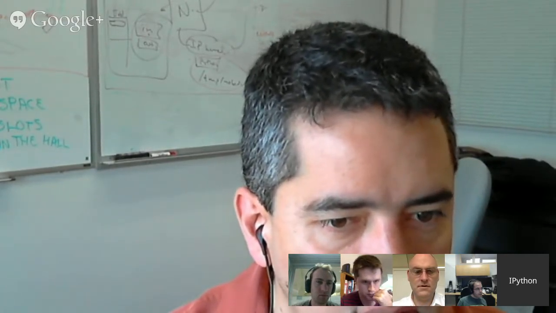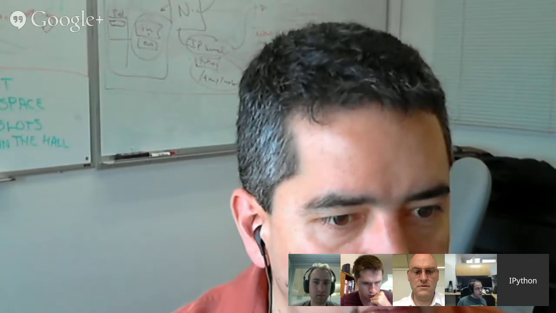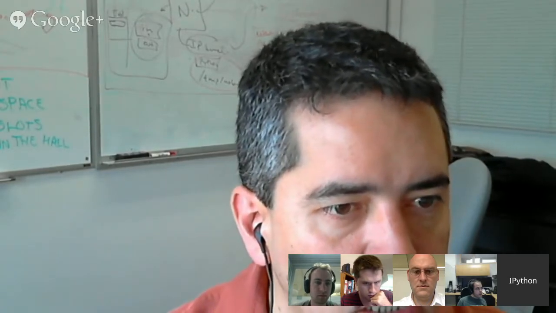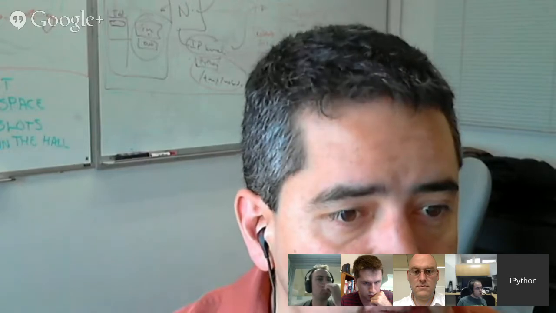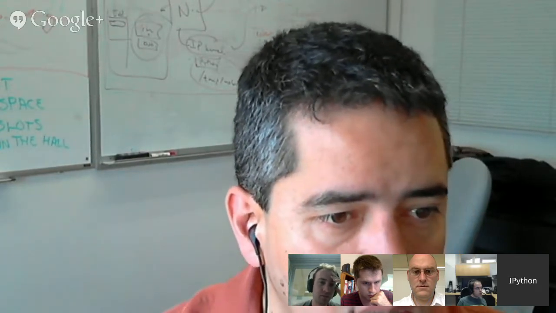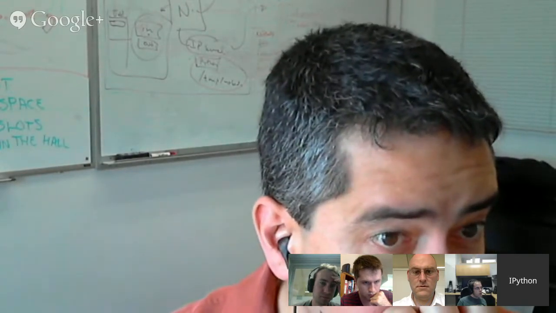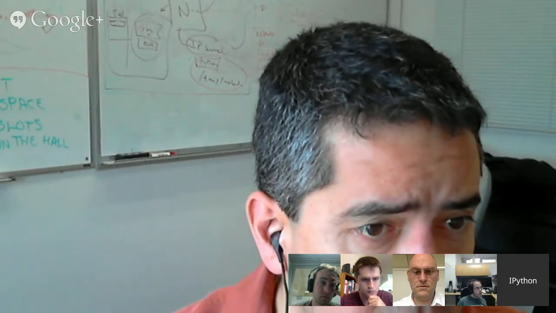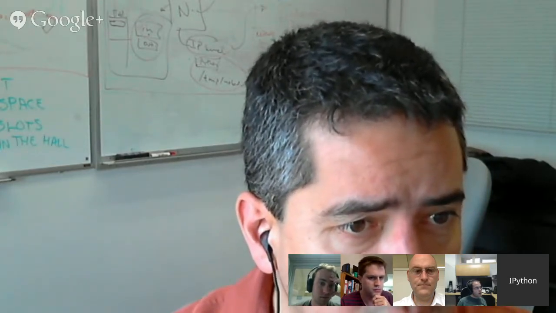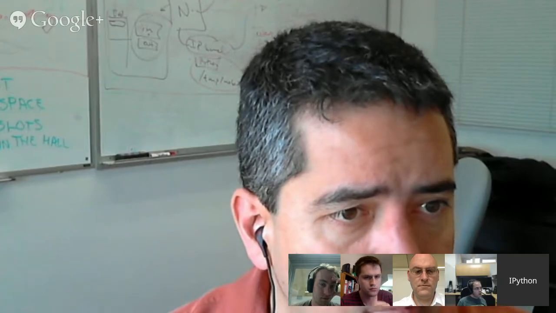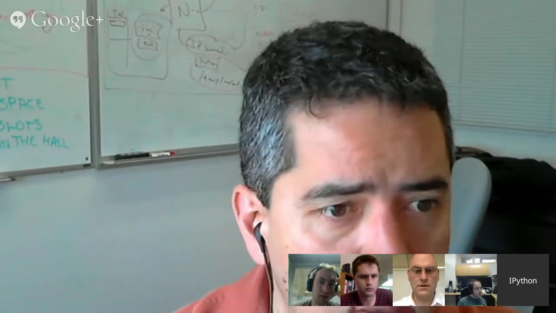Kernel's already listed. NB convert's already listed. Notebook's already listed. Parallel. Okay, so I don't think we're missing a lot. NB grader, I guess it's a separate project, but do we want to list it still?